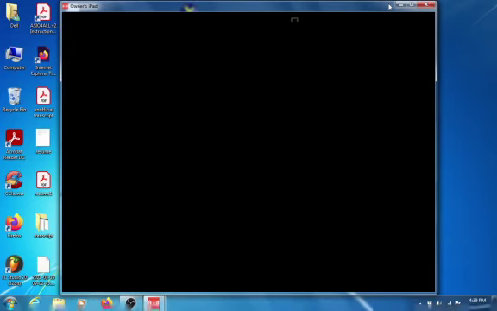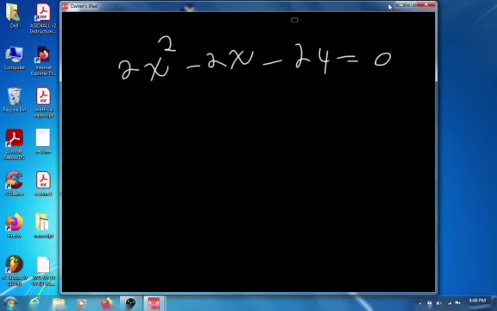But I'm going to give you an equation that you can factor to solve. Let's say it's 2x squared minus 2x minus 24 is equal to 0. The first step is to see if the whole thing is divisible by 2, or some factor such that all the numbers divide evenly.